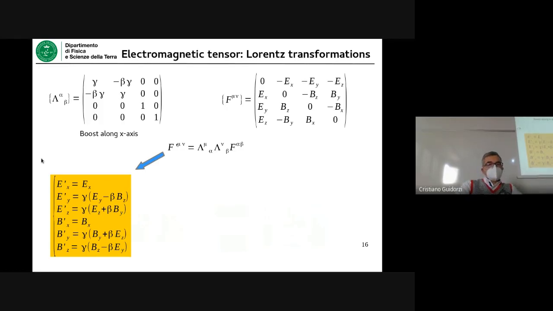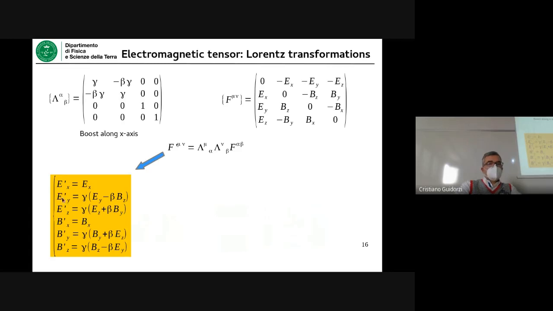And it's interesting to see that immediately, and somehow expectedly, I would say, there is a kind of mixture. To be more precise, you see that the components of the fields which are parallel to the direction of motion, which we chose in this case to be x, are left unchanged. So the x component of both the electric field and the magnetic field are left unchanged. But this is no more the case for the perpendicular ones.